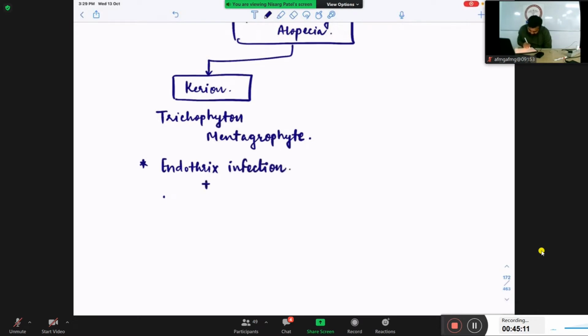Endothrix infection plus boggy scalp swelling.